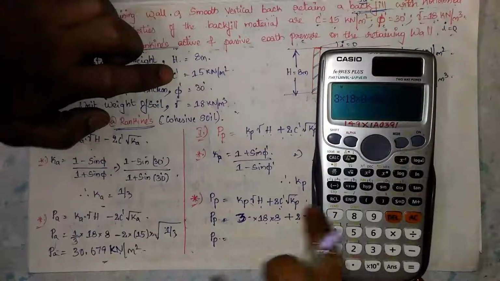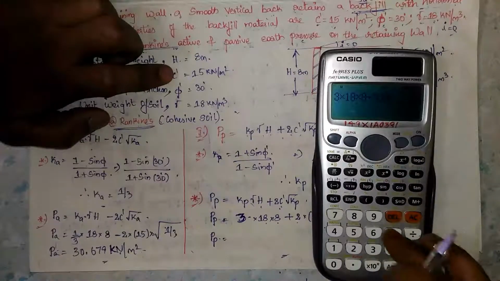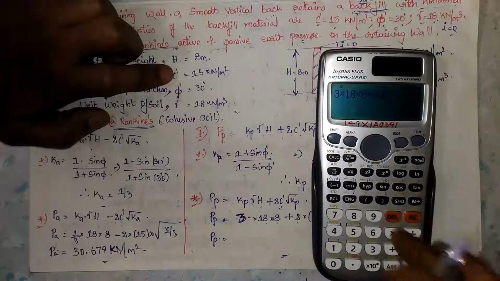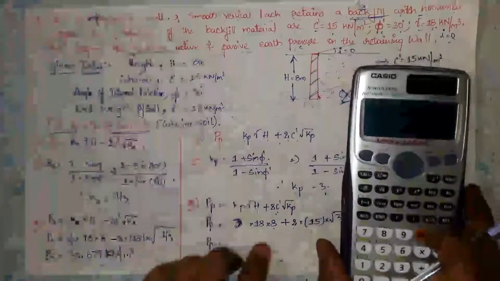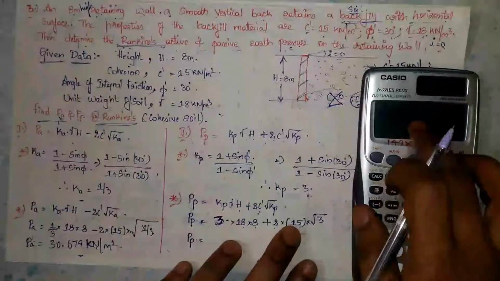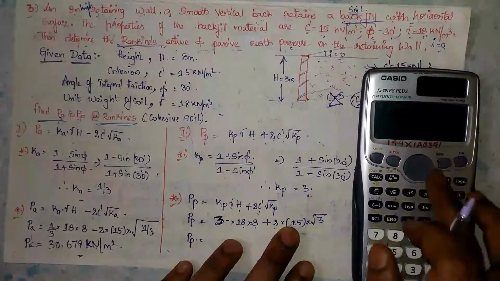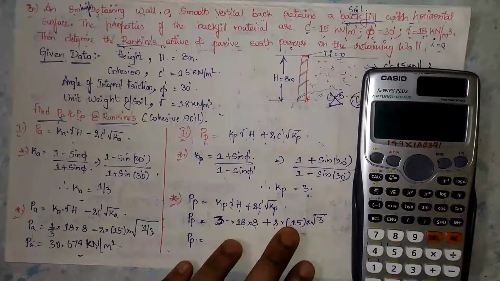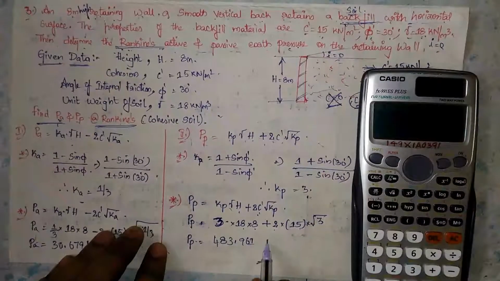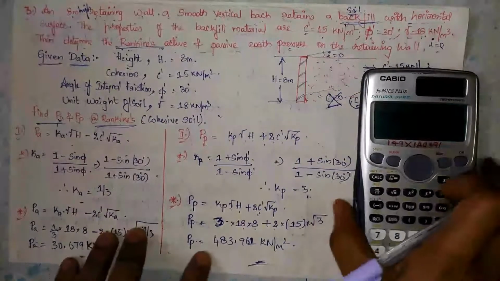So 3 into 18 into 8 plus 2 into 15 into root 3. So we get 483.961 kilonewton per meter square. So this is the way to solve the problem.